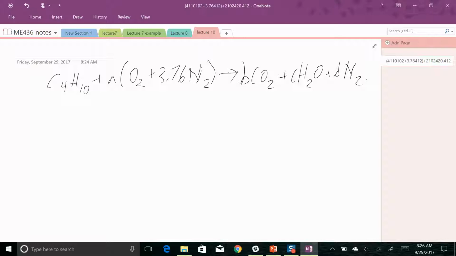So if we do the balanced stoichiometry here, we find that B is equal to the number of carbons, that's 4. 2C is equal to 10, so in this case C is 5. A is going to be 2B plus C equal to 2A, so we get 6.5 in this case. And for nitrogen, for D, we're going to get 24.44.